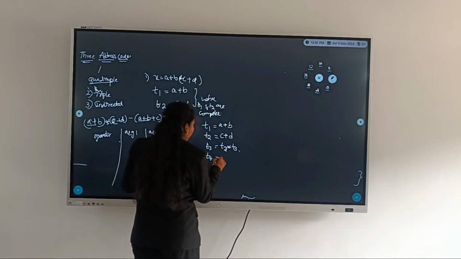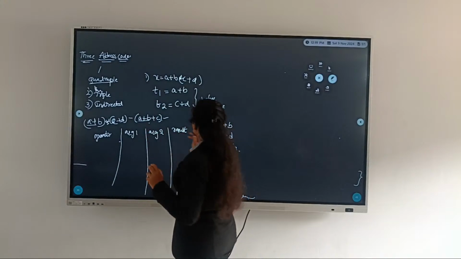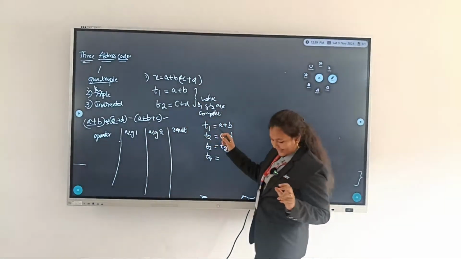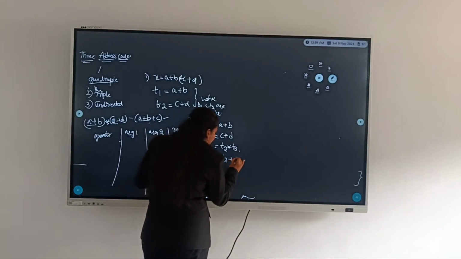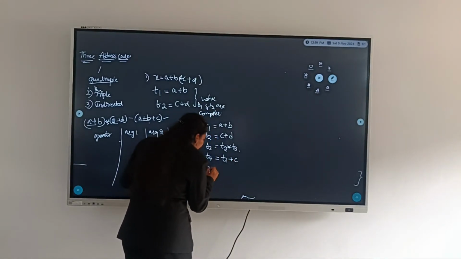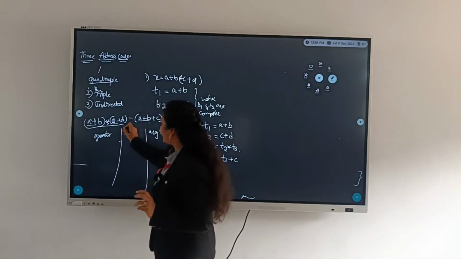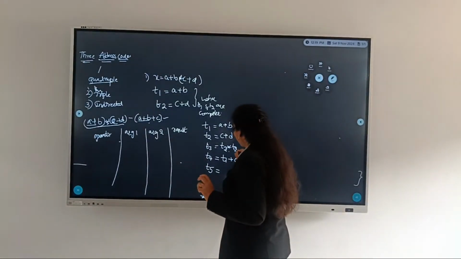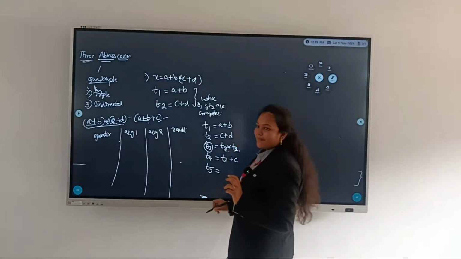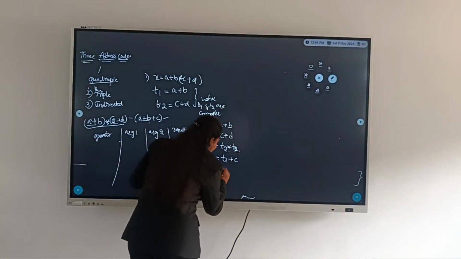Coming to T4, as I said, A plus B is also here, that's why we take A plus B in T1, so we write T1 plus C. Then coming to T5, the whole operation is A plus B into C plus D minus A plus B plus C, which is T3 minus T4.